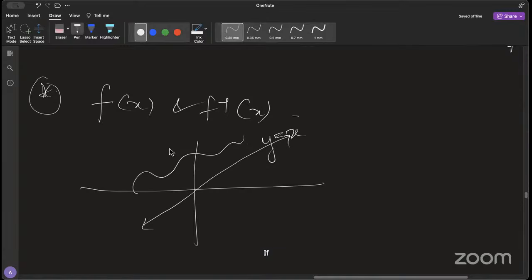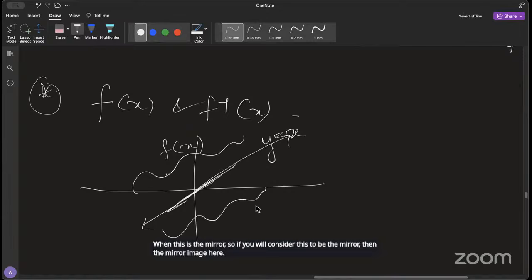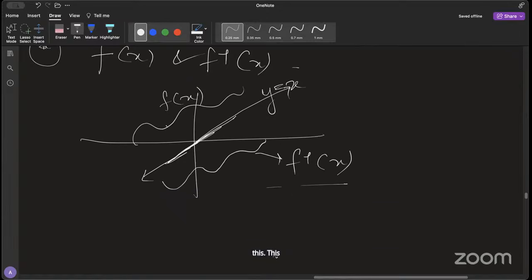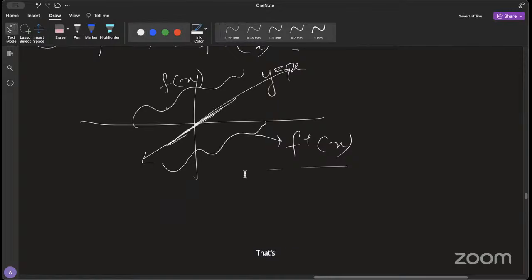If this is your curve f(x), then the inverse of this is going to be the mirror image of this function when this is the mirror. So if you consider this to be the mirror, then the mirror image here will be the inverse of this. This will be your inverse function. That's one thing about the graphs of f and f inverse.